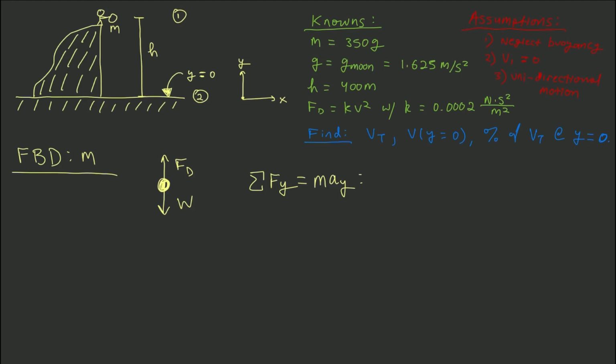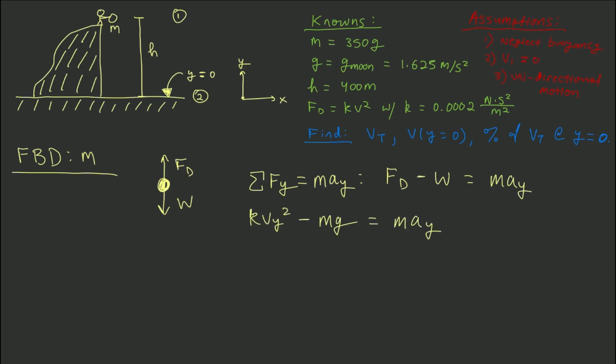It's actually down, which just so happens to align with my negative y-axis. So it's very intuitive and it aligns with the geometry as we've established in the problem. Give your best guess for the forces on the left-hand side of the equation, and then set those equal to positive may. So we have FD minus W equals may.